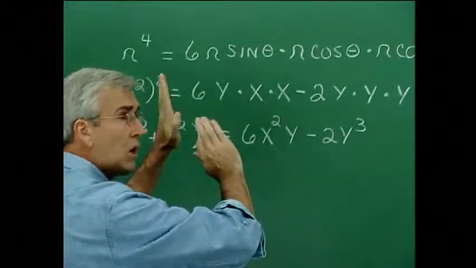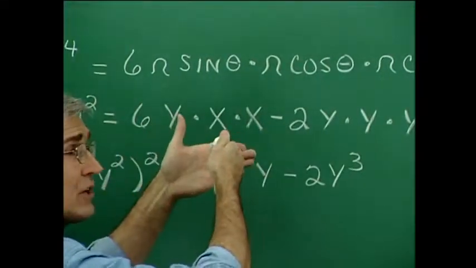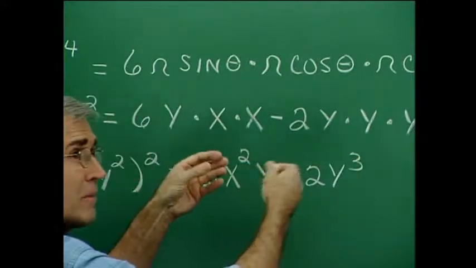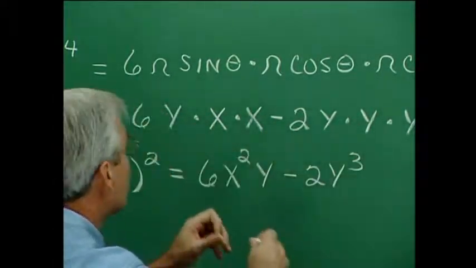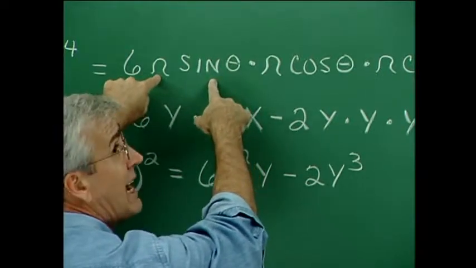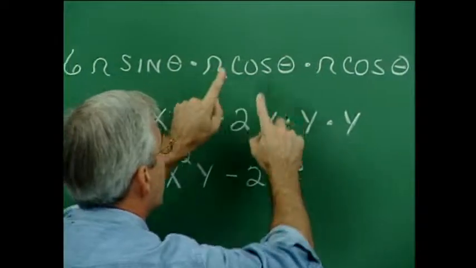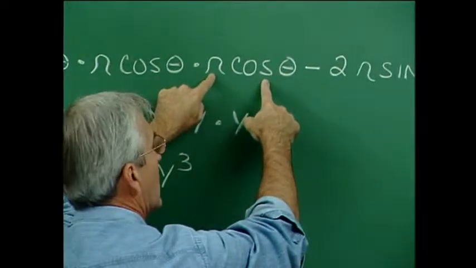When I multiply r cubed times the 2 terms on the right side, I'm going to kind of distribute them out. You see, I'm not going to write r cubed. I'm going to say, okay, I want one of those r factors to go with that sine theta factor, and another r to go with cosine theta, and that third r to go with cosine theta.